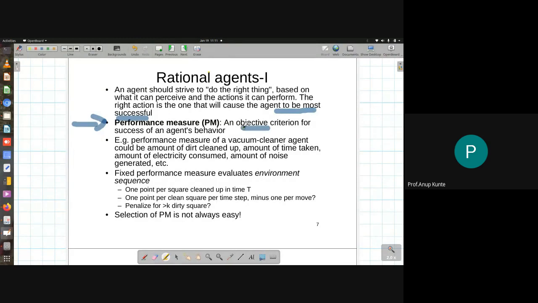So whatever way it is getting the electricity supply, my objective could be to have minimum usage of electricity. So that could be my performance measurement.